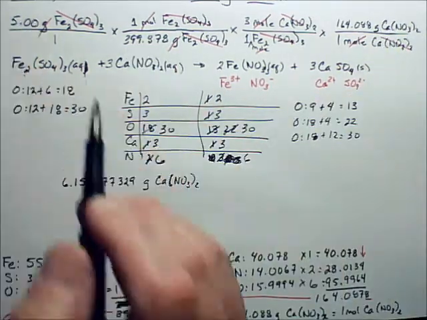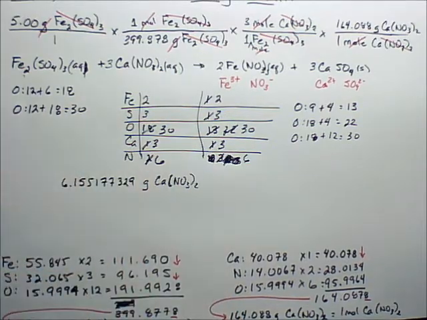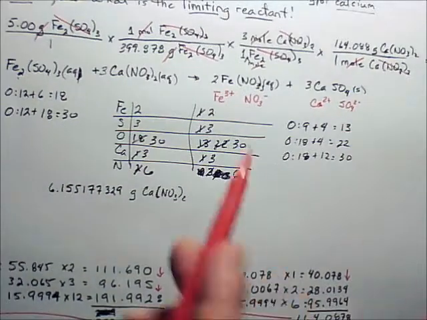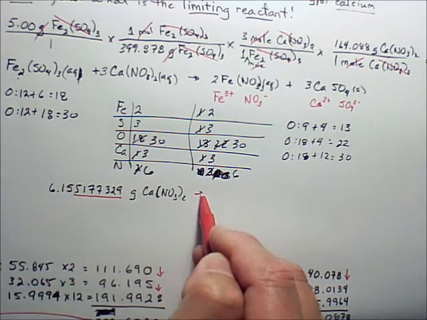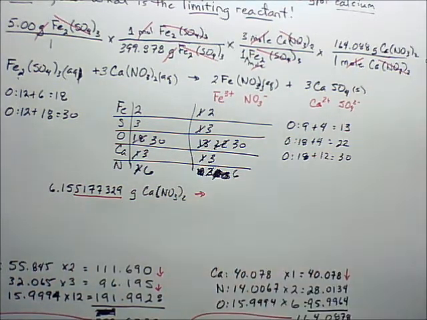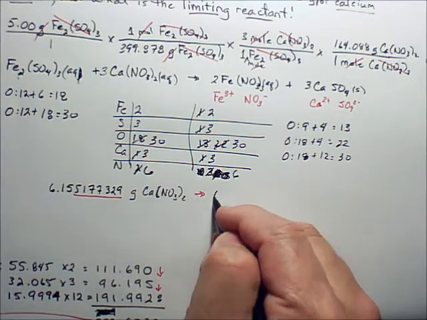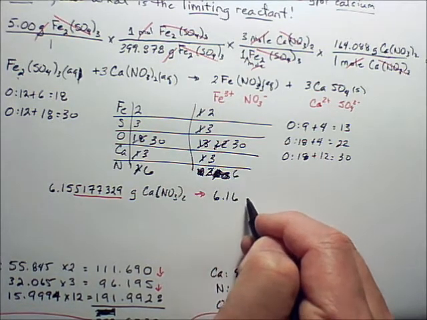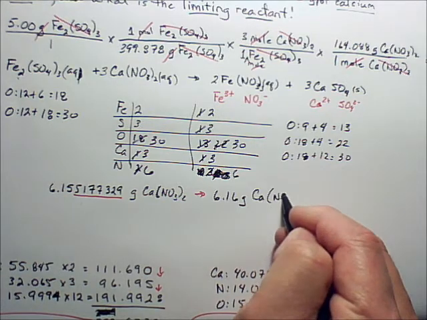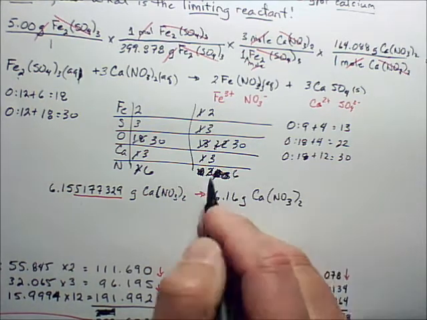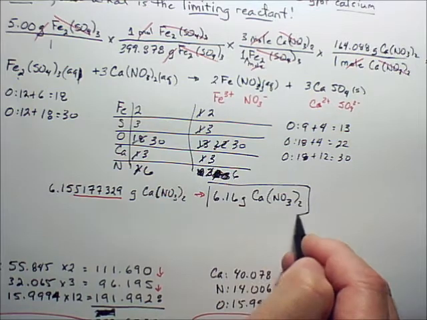And this is the one with the least digits. So we're going to round that off to the same number of digits. So 1, 2, 3 digits and start underlining from there. Draw an arrow to show our final rounded answer. And we're going to have 6.16 grams of calcium nitrate. And that's our answer there.